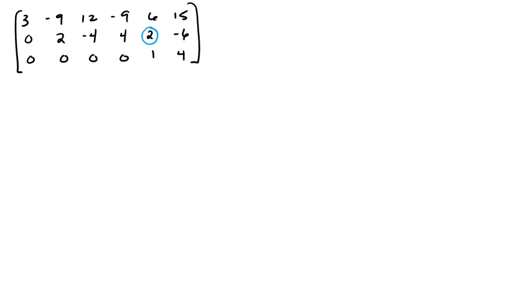So if I want to make that a 0, I need to think about what I can do to achieve that. And the easiest thing to do is to use these 2 rows. So to make that happen, I'm going to multiply row 3 by -2 and add that to row 2. And this will become my new row 2.